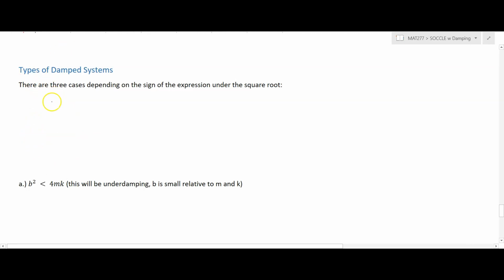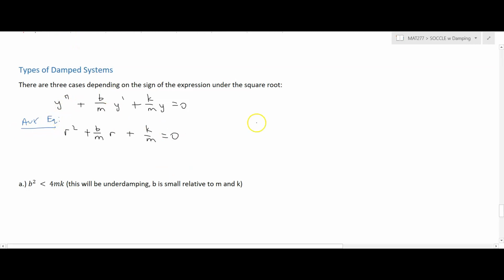And we notice that when we find the roots of our spring mass system, when we found the roots of r squared plus b over m r plus k over m equals 0, that was our auxiliary equation.